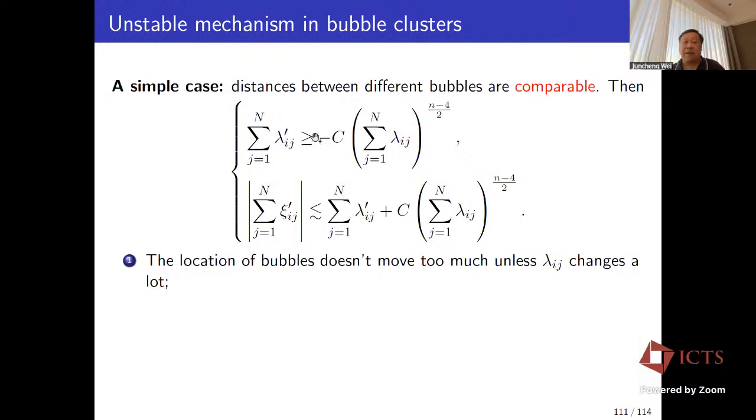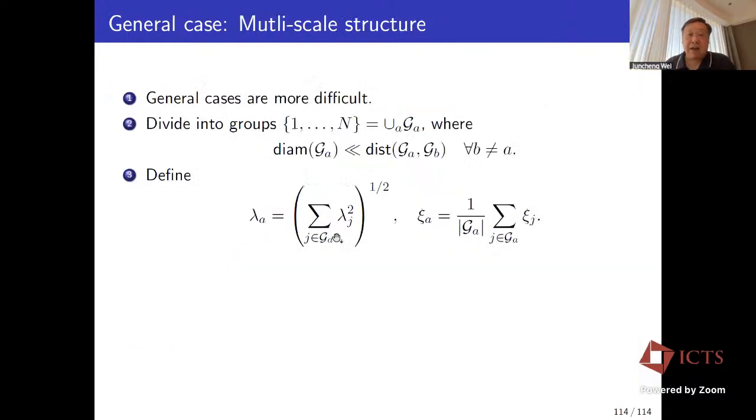For the bubble cluster, the proof is very complicated because we have to do different groups. We have to do a bubble tree argument and decompose the bubbles into big bubbles and small bubbles. We analyze the group interaction between bubbles and do the proof.